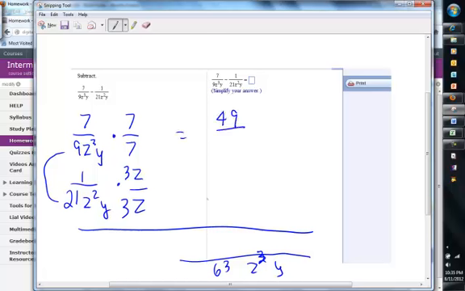Let's just do the numerators. Plus 3z. And so we get 49. Well, let's write the 49 at the end. 3z plus 49. No, it's a subtraction. So it's negative 3z plus 49 over 63z squared y.